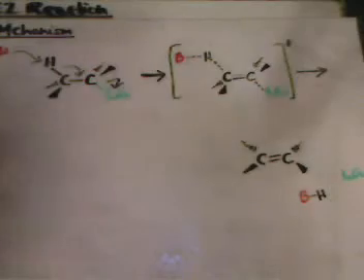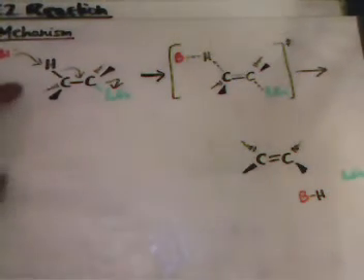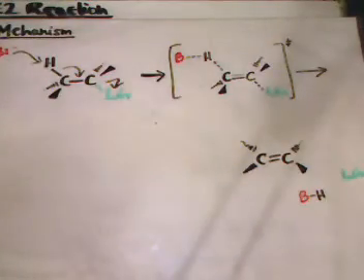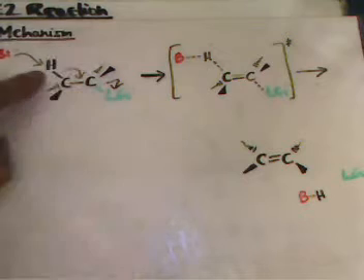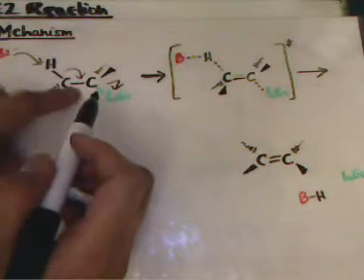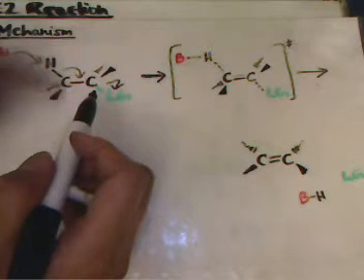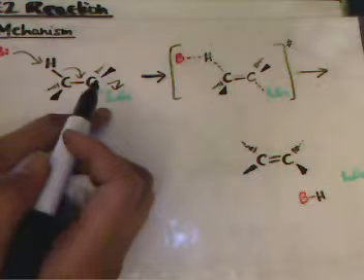Now we'll talk about the stereochemistry of this reaction. But first, before we go to stereochemistry, let's review mechanism again. What's happening here is the base is attacking the H. At the same time, the CH bond is moving, the CH bond density, the electrons between the C and the H are moving between the two carbons. At the same time, the leaving group is leaving.